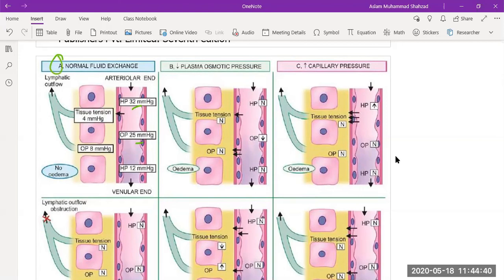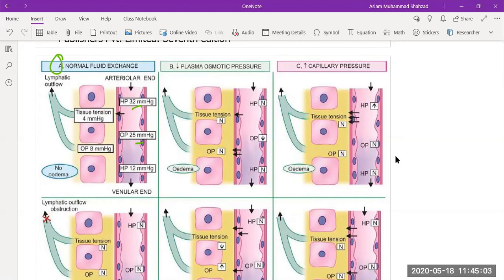But in figure B, what happens in case of a decrease of the plasma oncotic pressure, and if there is more elimination of protein, and that protein elimination occurs as a result of imbalance, then there will be edema.